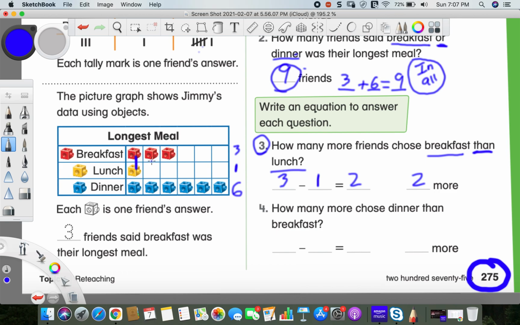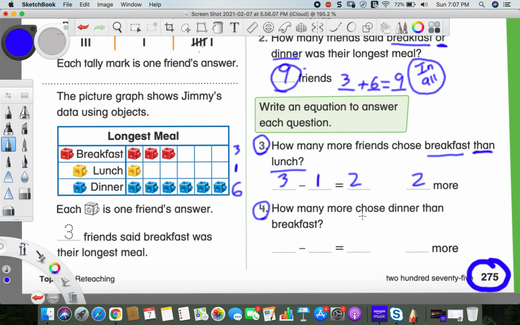Okay, how many friends don't have one to hold hands with? 2. There's 2 breakfast blocks that don't have a lunch block next to it to hold hands with. So then that still gives us the answer of 2. See? To me, that's just my easy way of doing it. Everyone has their own methods. All right, let's move on.